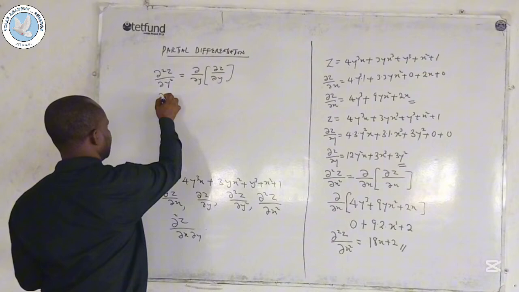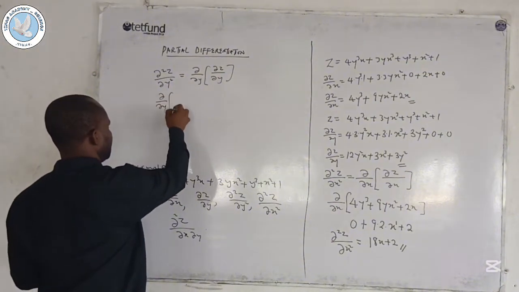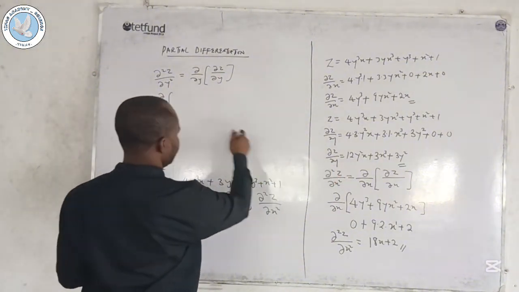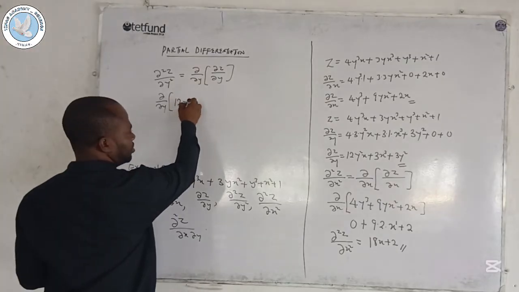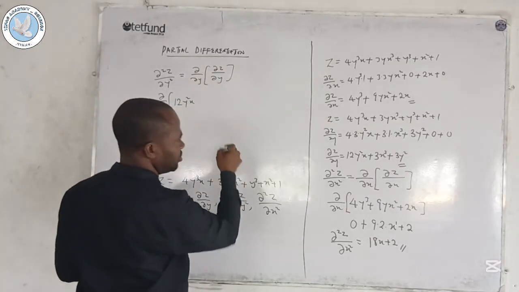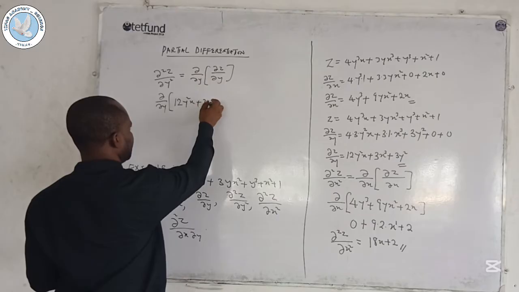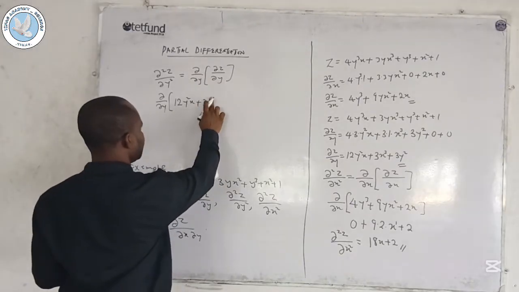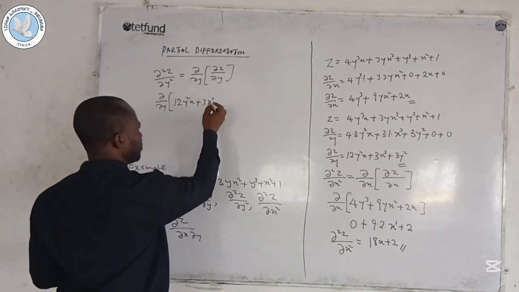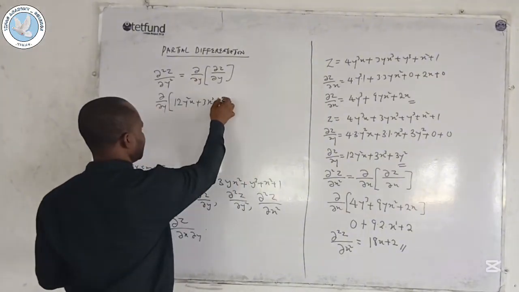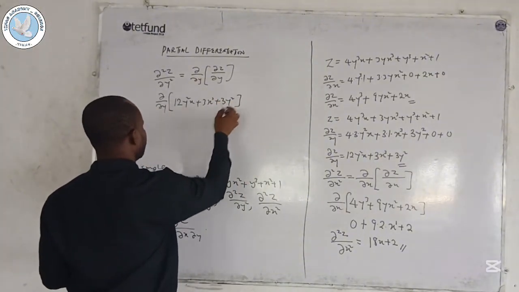So it means that this is d dy into the previous answer we have in this x plus 3x cubed plus 3y.